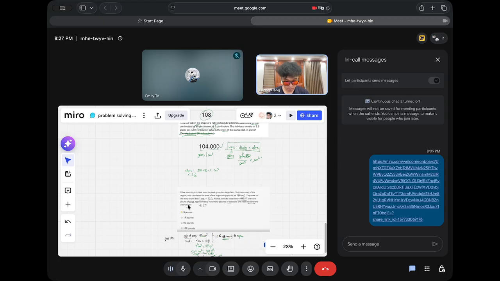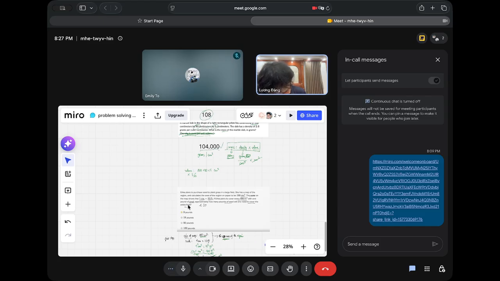Right, you agree? So 400 feet square needs 1 pound of seed.